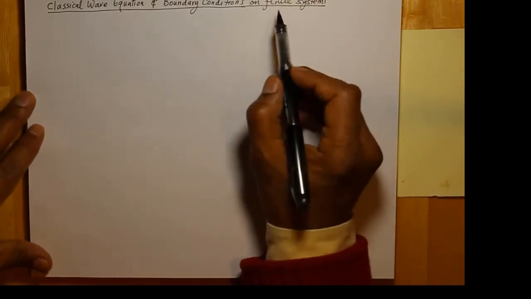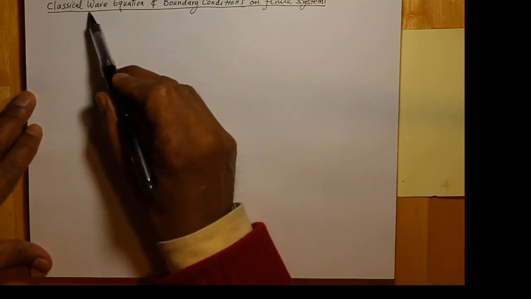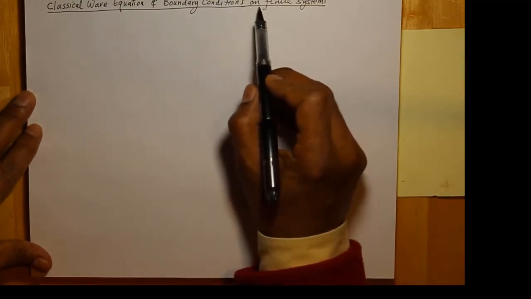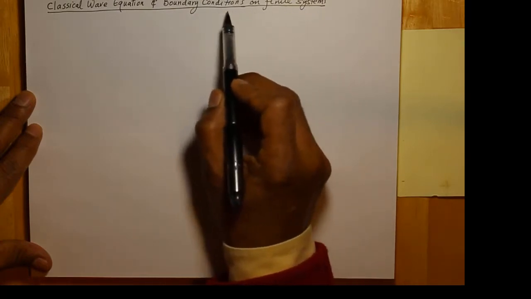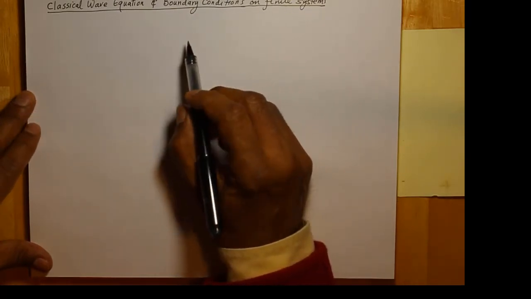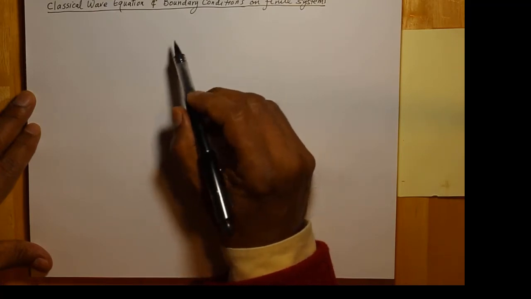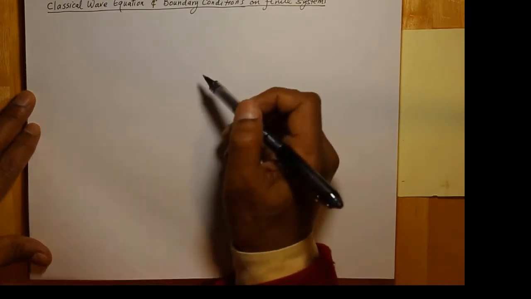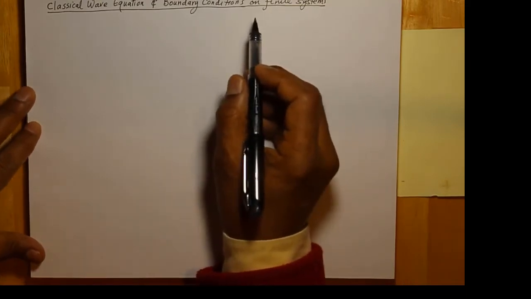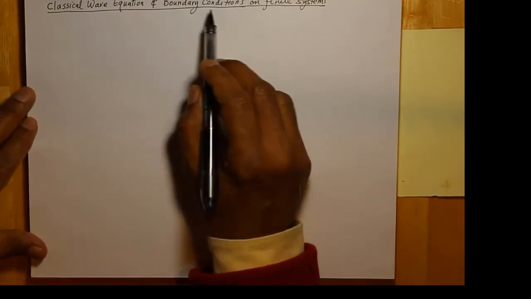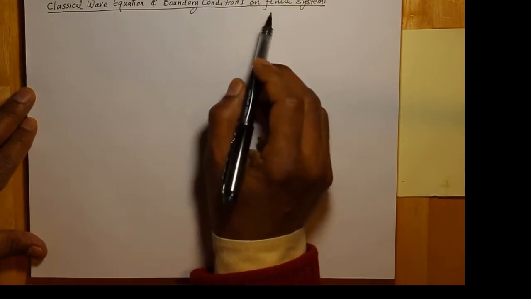When we apply the classical wave equation to infinite systems, we get what are called regular waves or moving waves, progressive waves, which we will study later on.